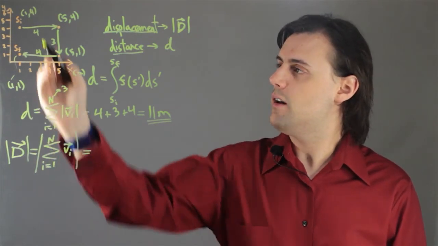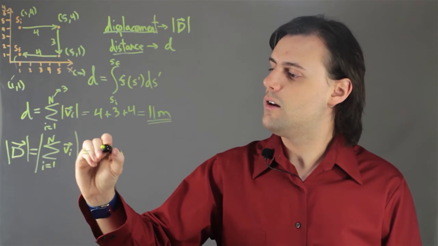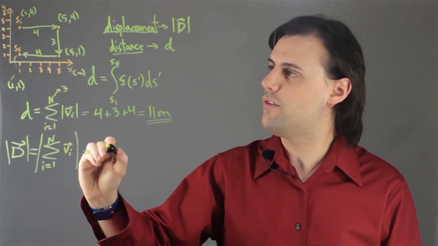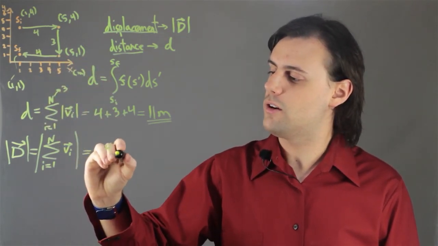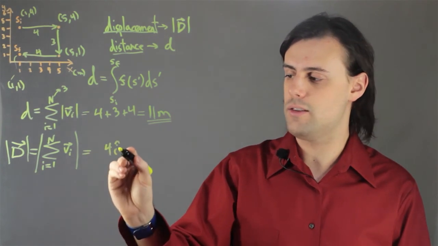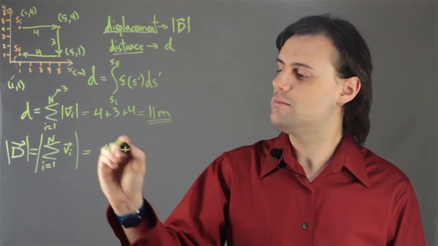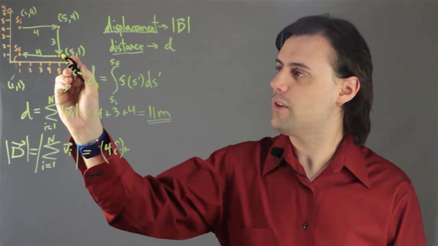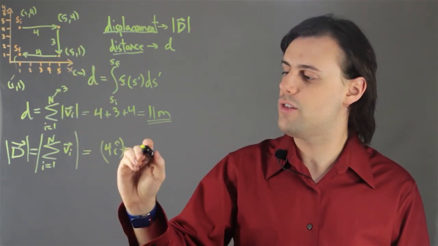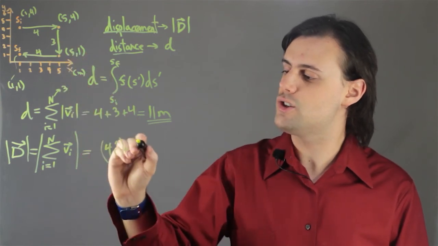So here I'm going to be moving to the right, so my first vector is plus 4i, this is the unit vector for the x direction, plus my second vector, which is in the -3 in the j direction.